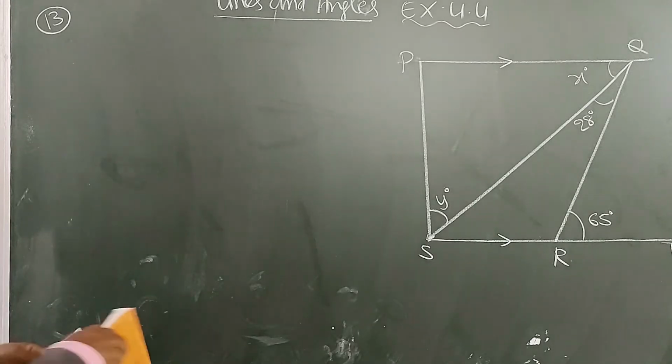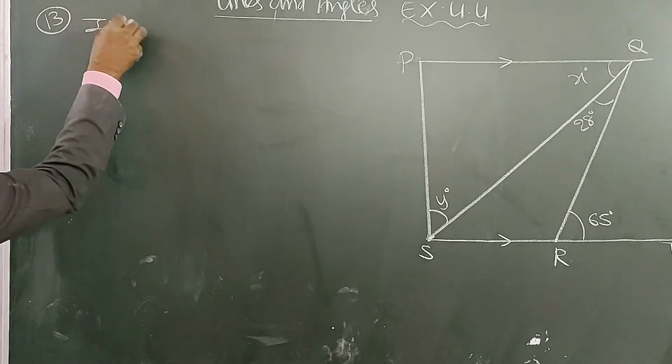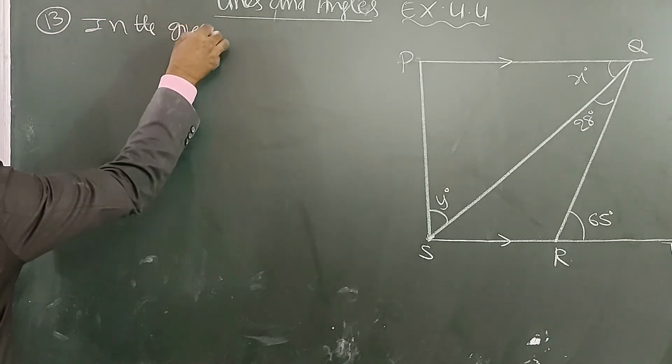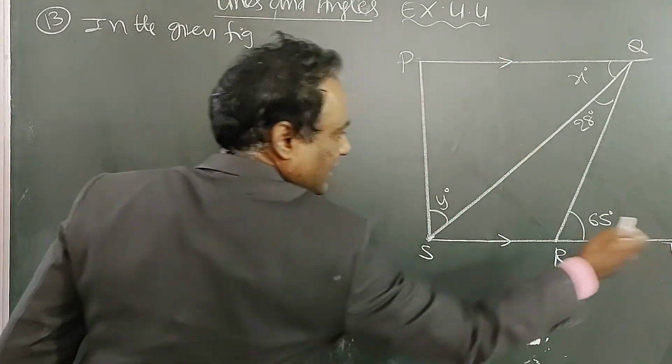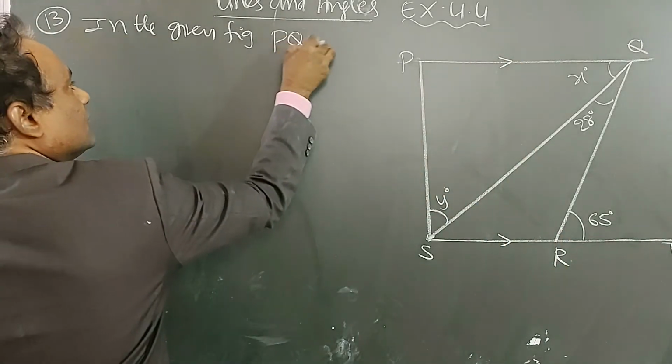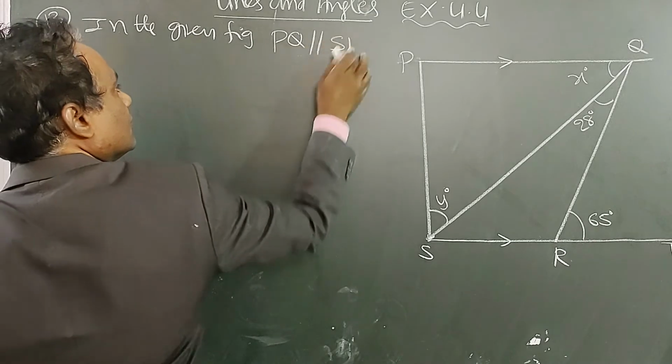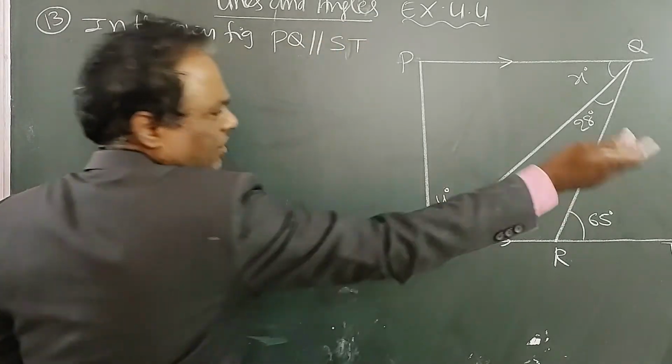See here. In the given figure, PQ is parallel to ST. ST or SR, same line.